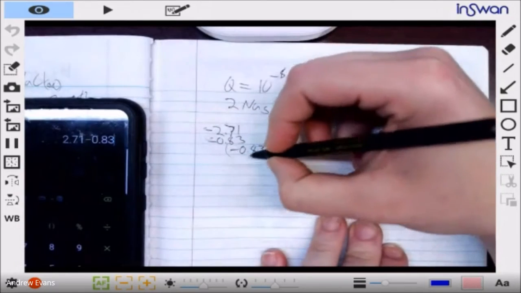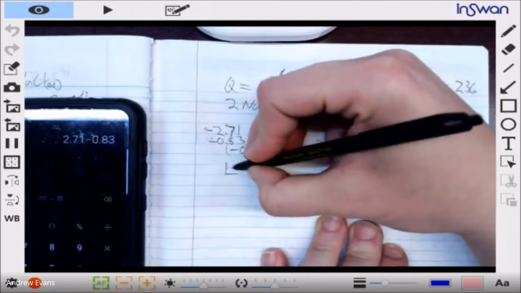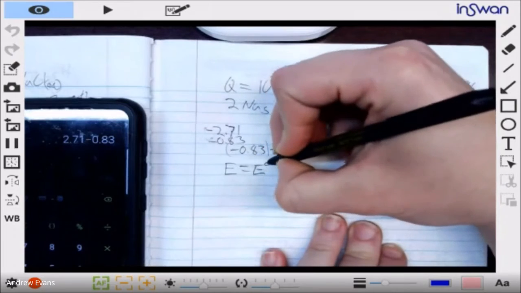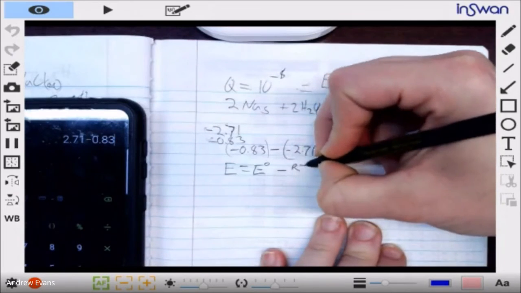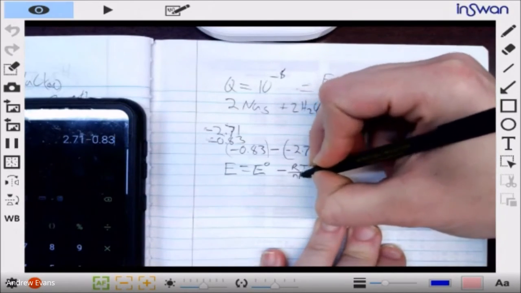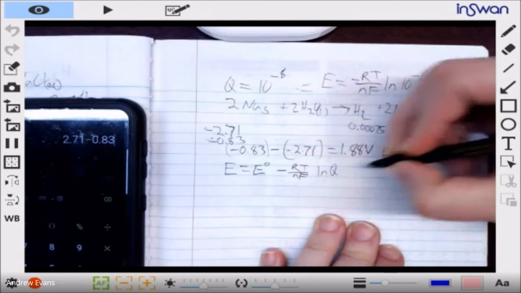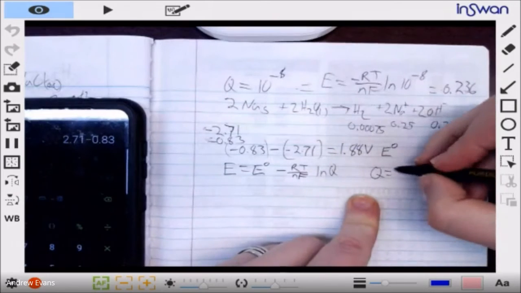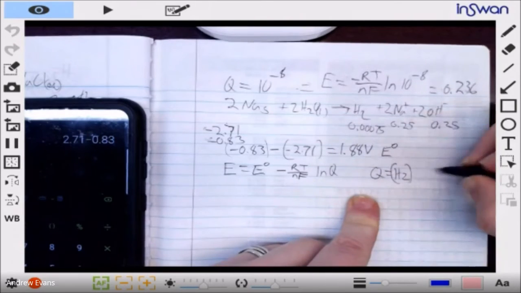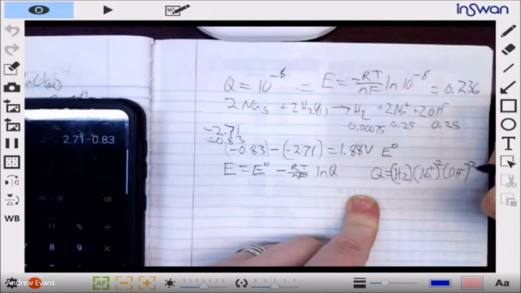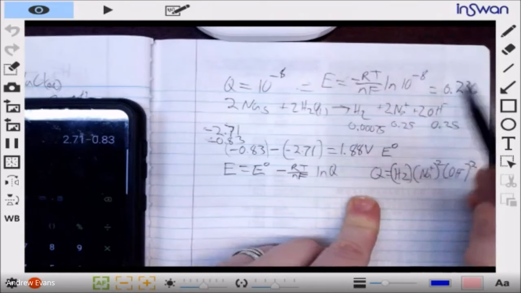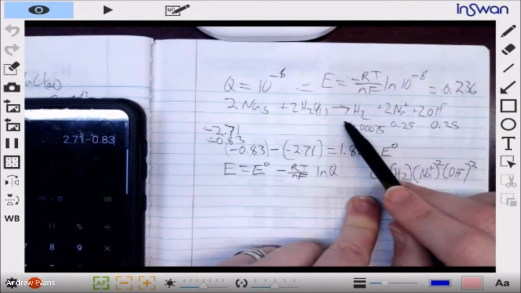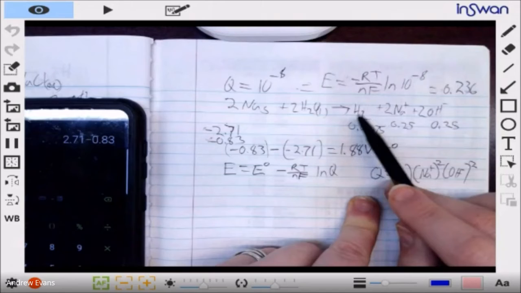Now, our equation was E equals E standard minus RT over nF ln Q. Our Q expression would be hydrogen, sodium squared, hydroxide squared, because we raise the product to its coefficient.